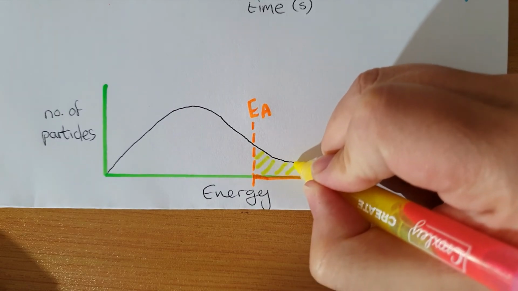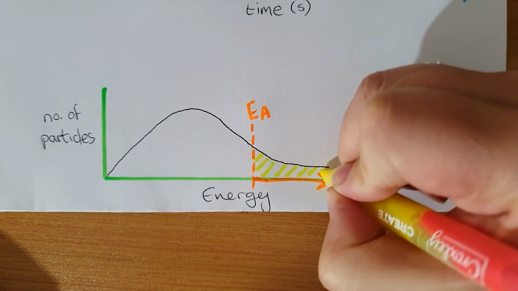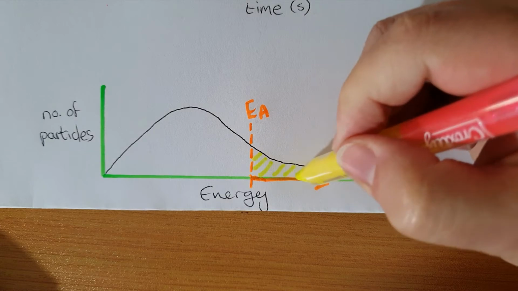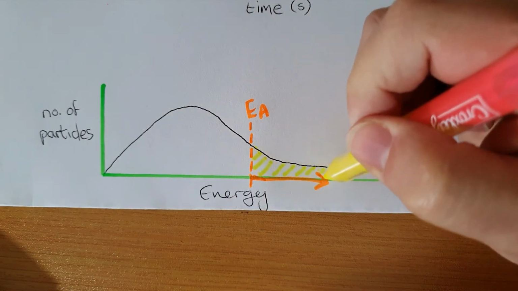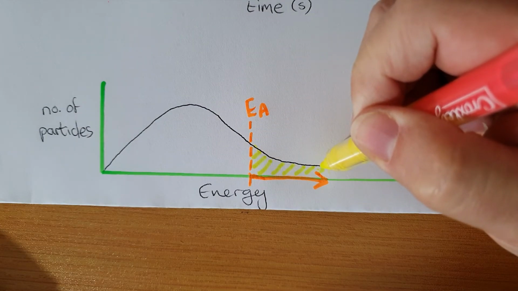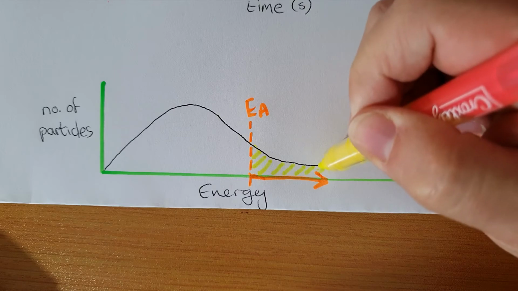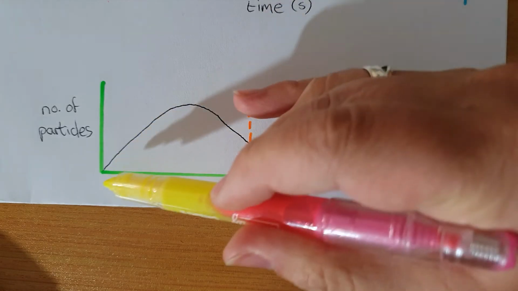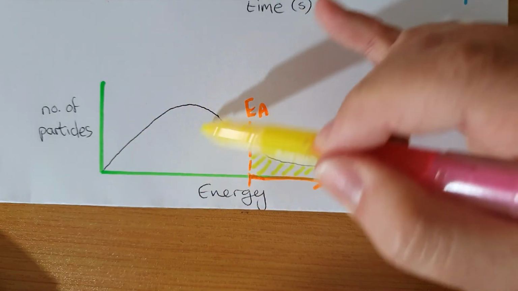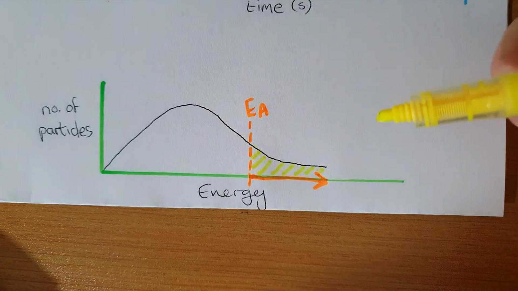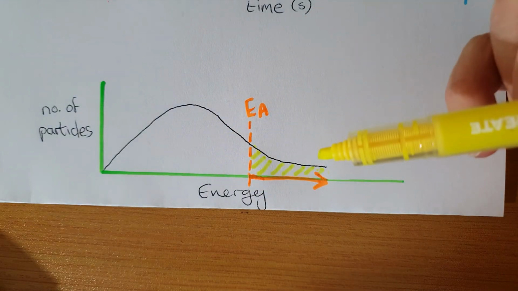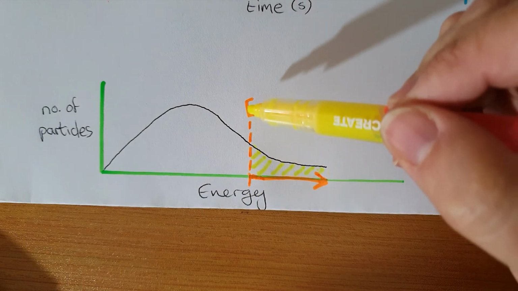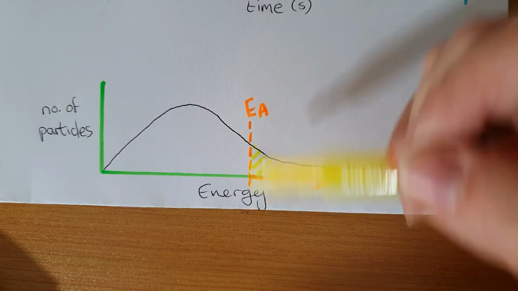Then that under there is the area, the number of particles that have sufficient energy to react. All of those don't have enough energy to react. So we need to do something to get them to a bigger area.